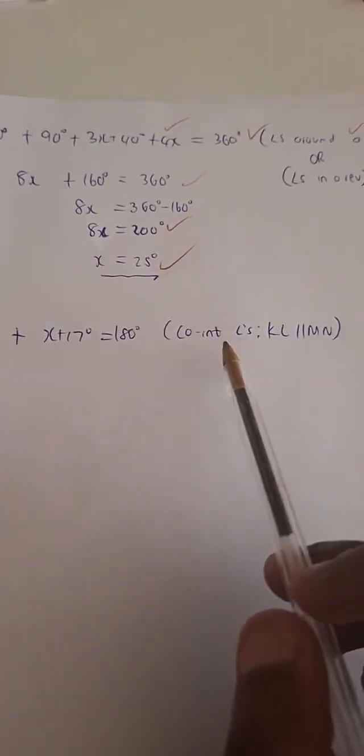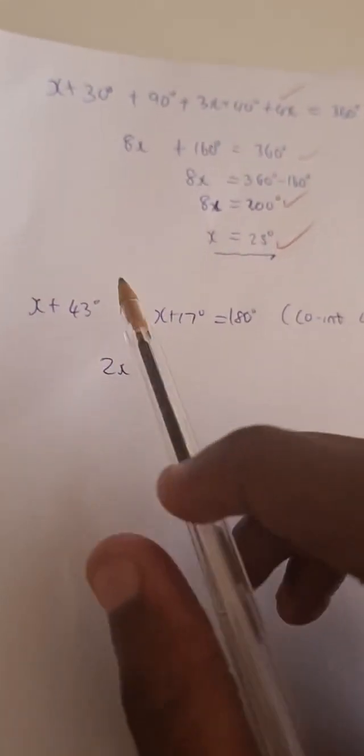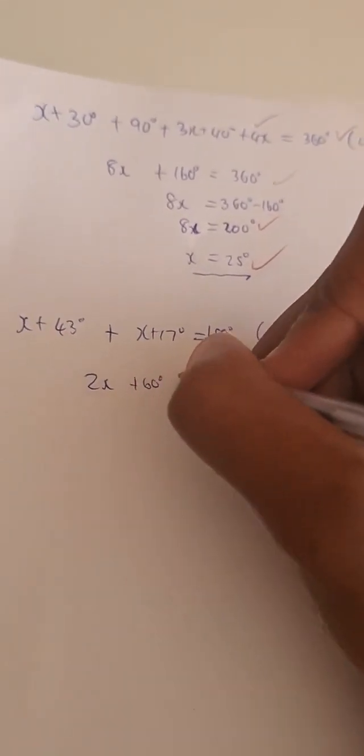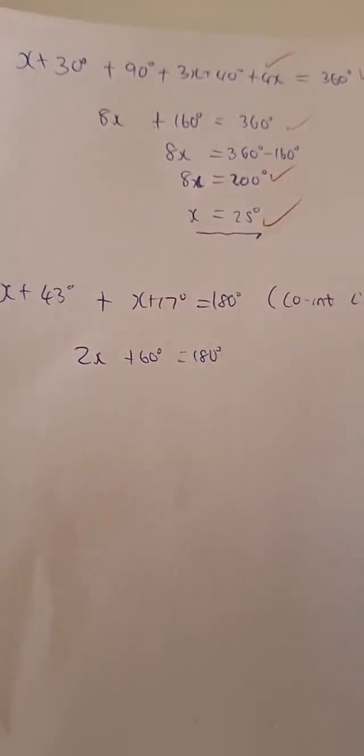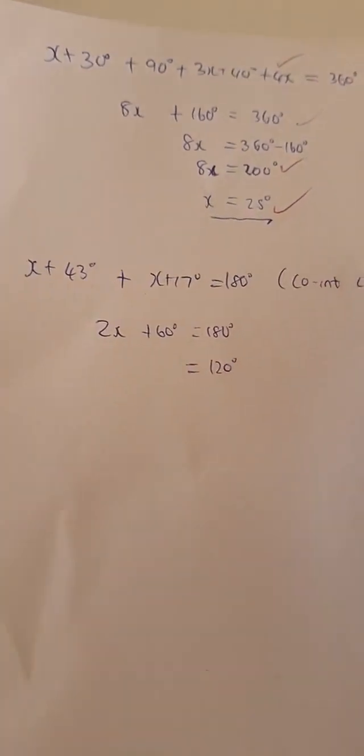All right, yeah. So this is us laying the foundation for the future, because we want to be those grade 11s and grade 12s and grade 10s that are just amazing in mathematics. X plus X, 2X. 43 plus 17 degrees, obviously that is 60 degrees, which are 180. We transpose the 60, we get 120.